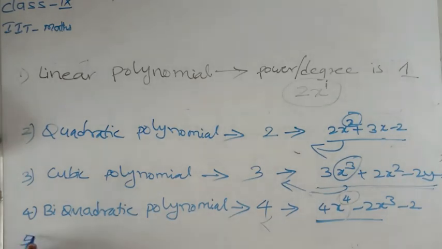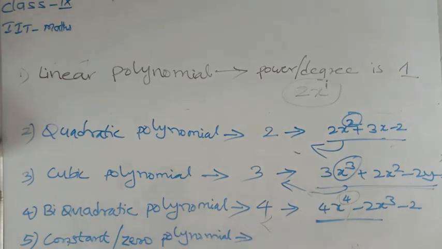The last one is constant polynomial or zero polynomial. The power or the degree of the variable will be 0. Example 2, minus 2, minus 5 by 7, all these are constant polynomials. The degree of the polynomial is going to be 0. Hence even this constant polynomial is also called as zero polynomial.